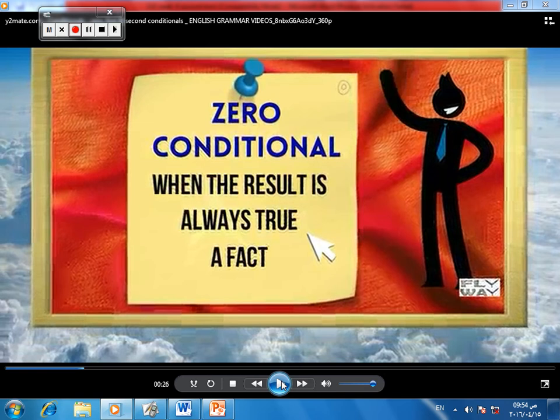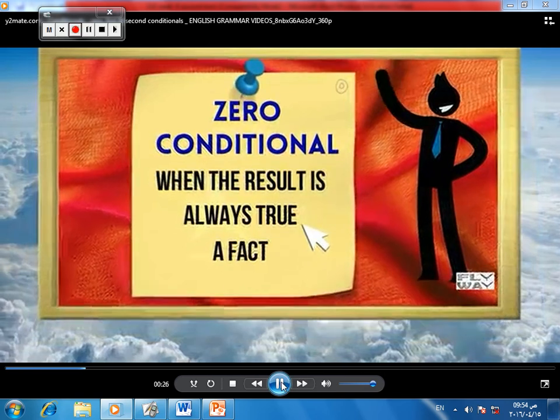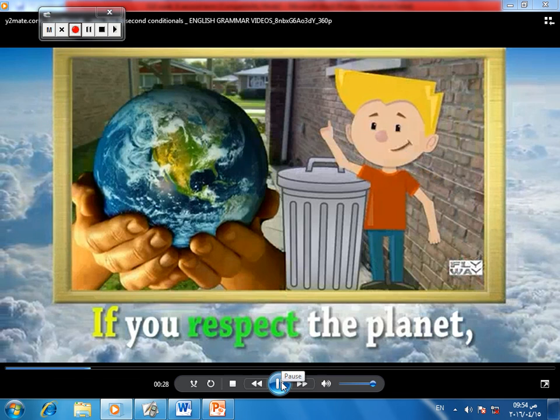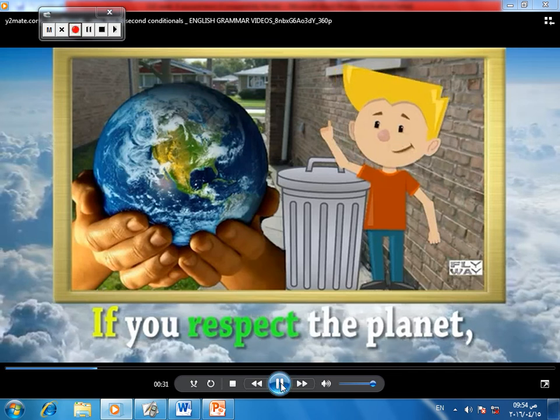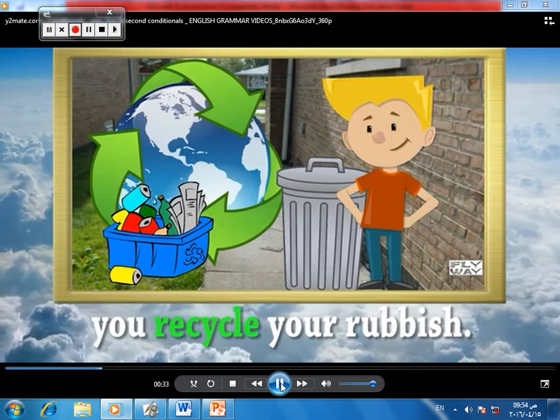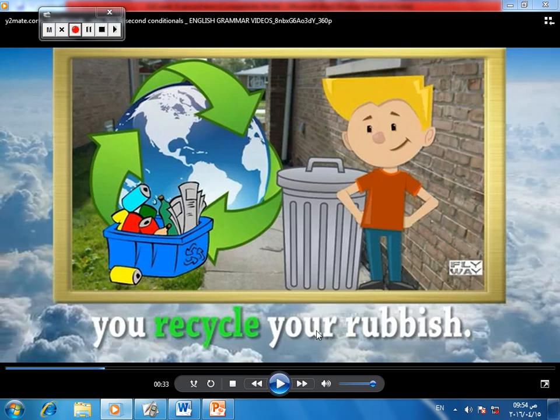Of course you need some examples. If you respect the planet, now we have present simple, okay, and it's a fact, by the way. You recycle your rubbish.